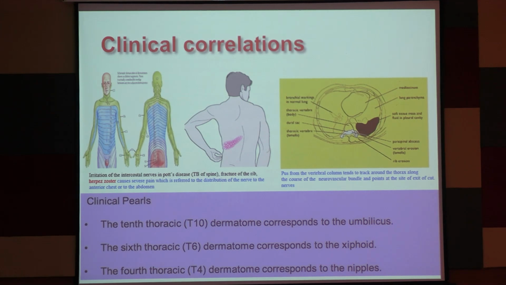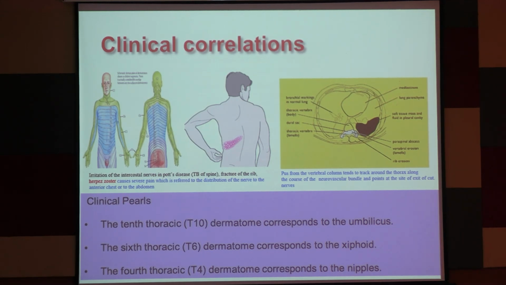and the blisters of herpes zoster are visible following the dermatome. Say, for example, you have herpes zoster running on the nerve which is the spinal nerve T6, thoracic 6.